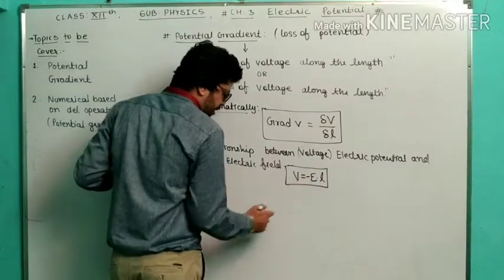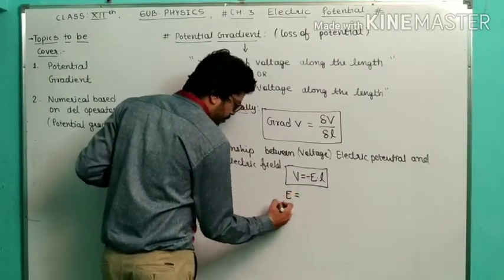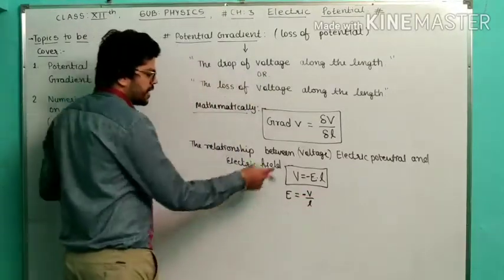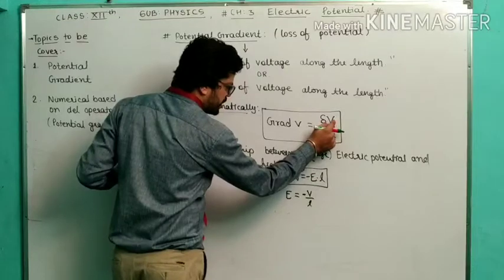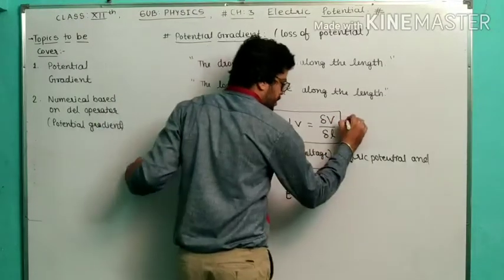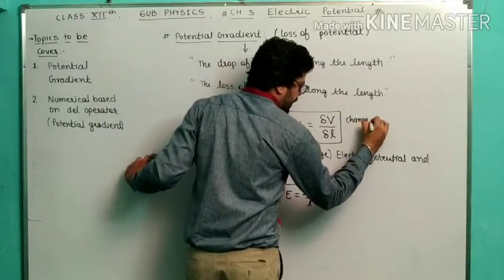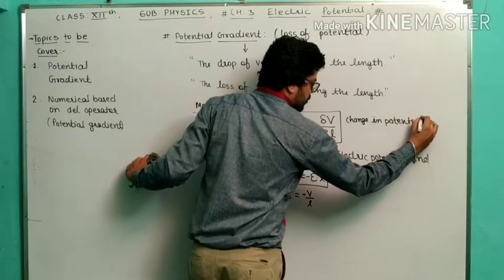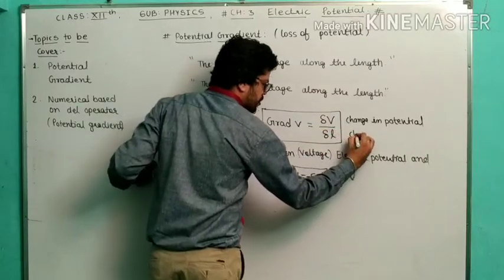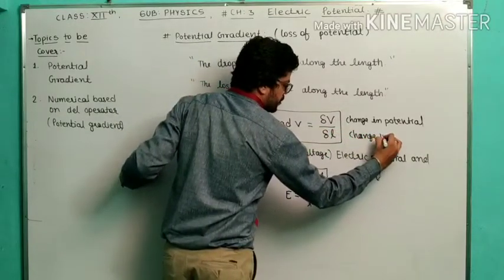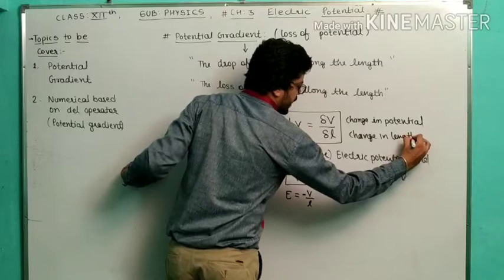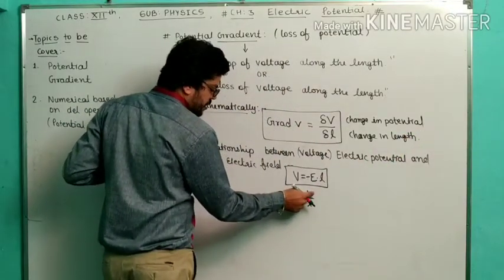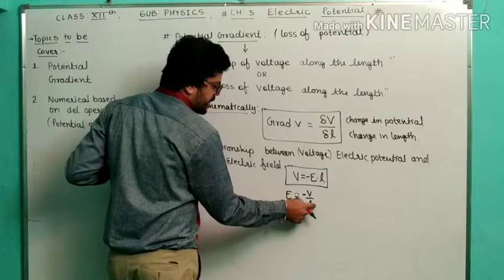So let's try to understand. If we talk about E is equal to V by L, the negative sign comes here. So V by L means change in potential, and this is change in length.